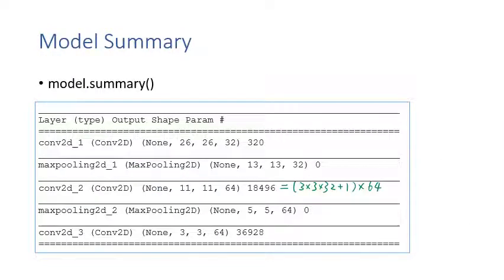We can use the summary function of the Keras model to print our model's information. The summary function can print the name of the layer and the type of the layer, the output shape, and the number of parameters of each layer. Let's see how to calculate the number of parameters.